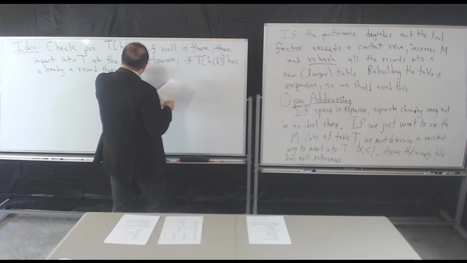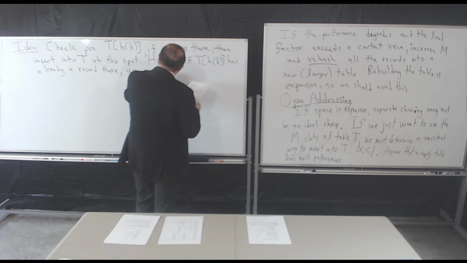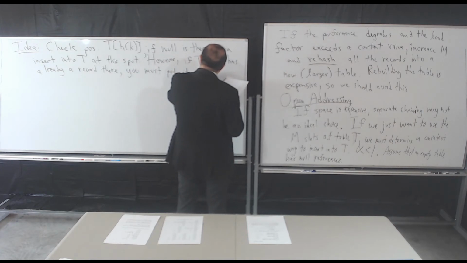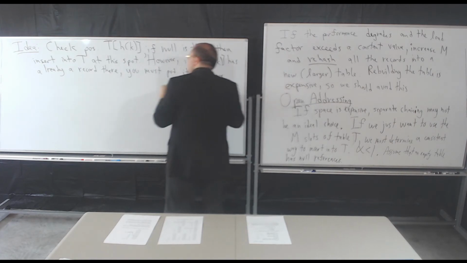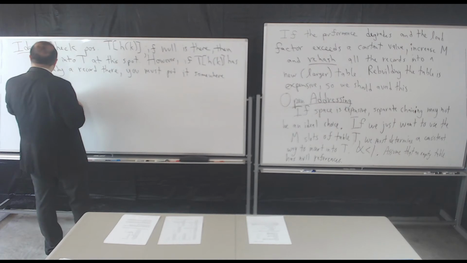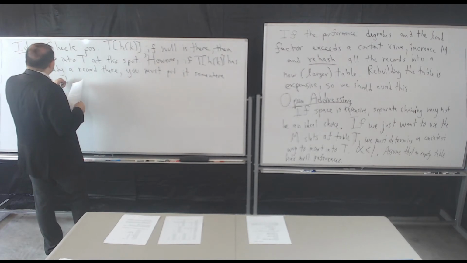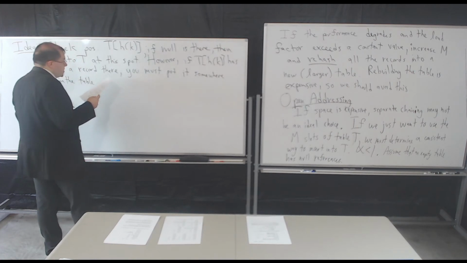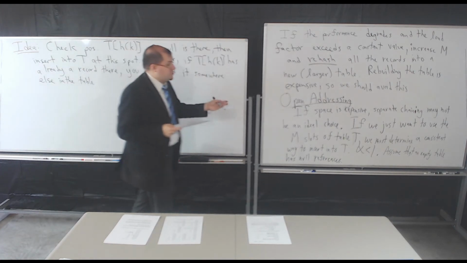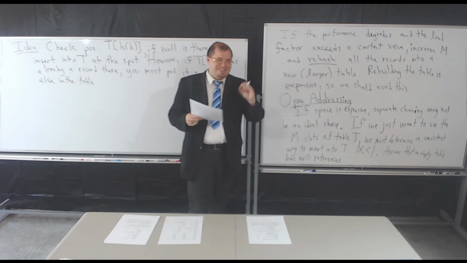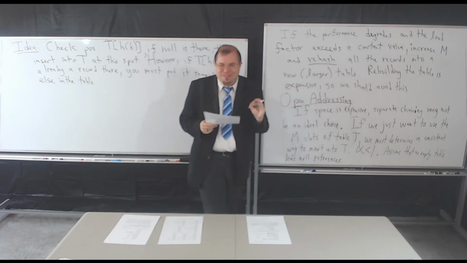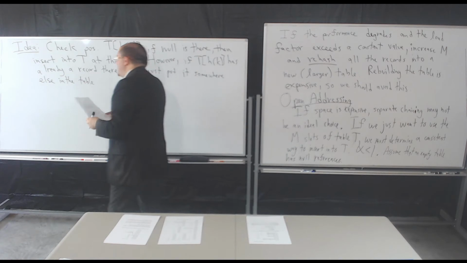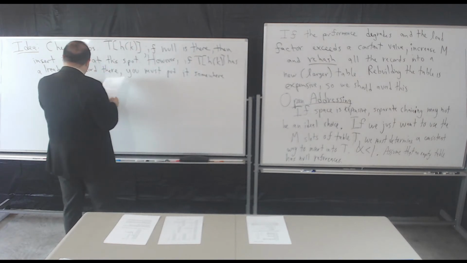You must put it somewhere else in the table. So this is the open part of open addressing. In closed addressing, I just simply keep using the same address over and over again. Open addressing, I'm going to find somewhere else that's open in the table.